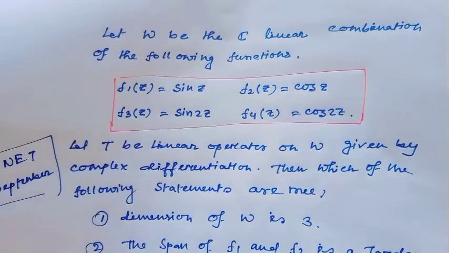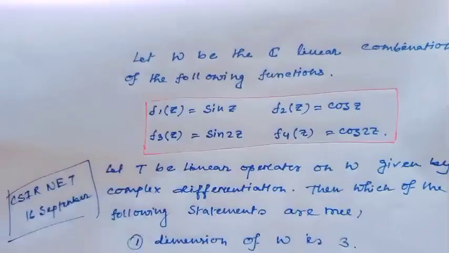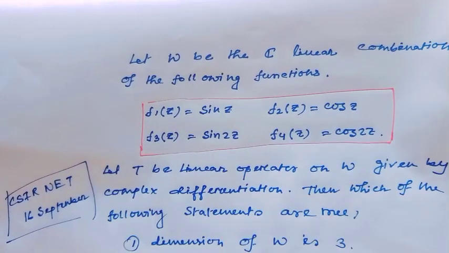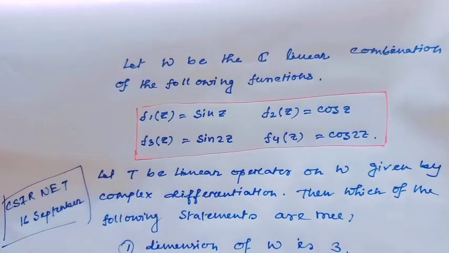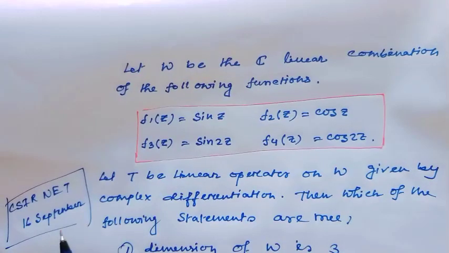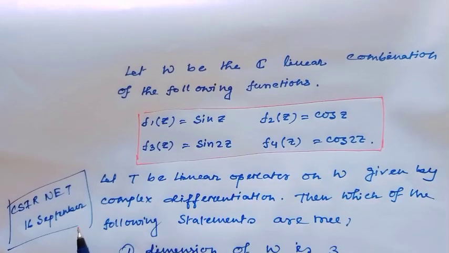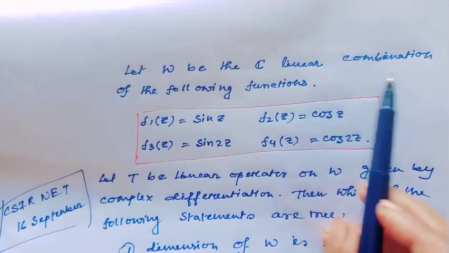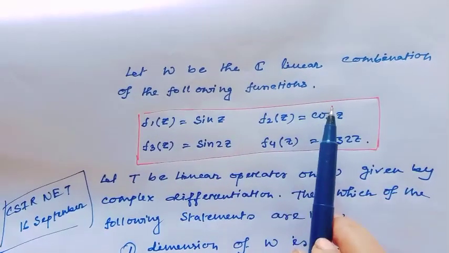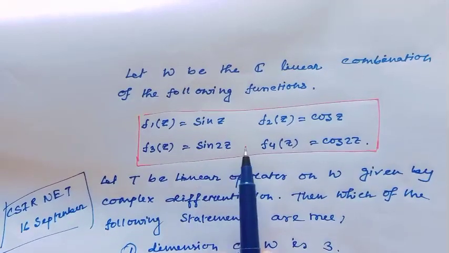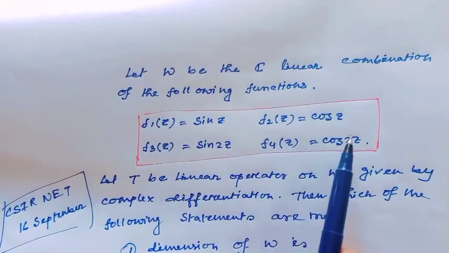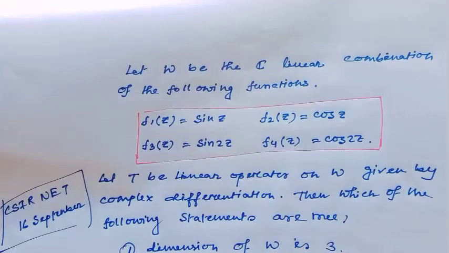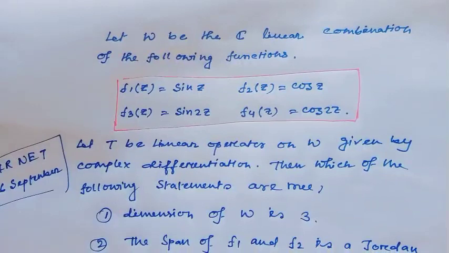Now I will discuss our next goal. I will discuss one example of a Jordan block. This question came in the CSIR NET September 2016 exam. The question is: W is the C-linear combination of the following functions, where f1(z) equals sin z, f2(z) equals cos z, f3(z) equals sin 2z and f4(z) equals cos 2z.